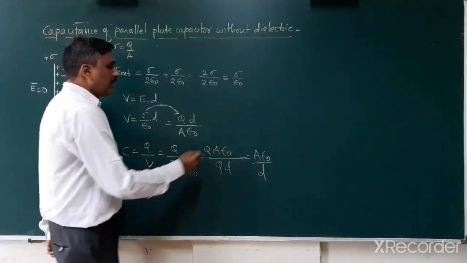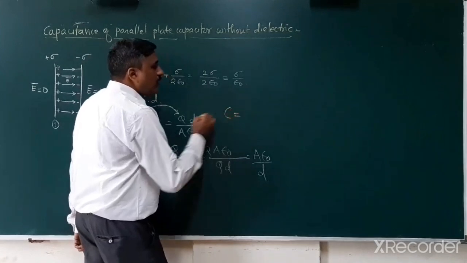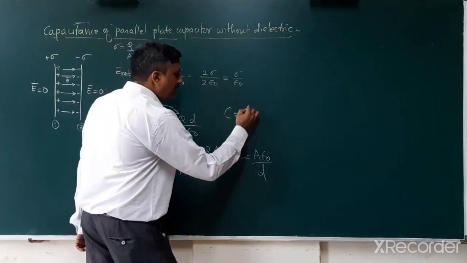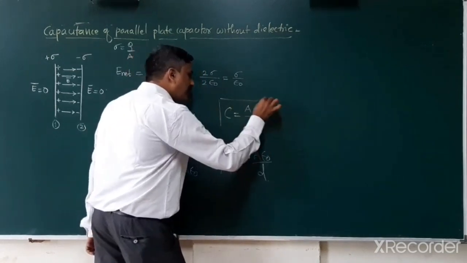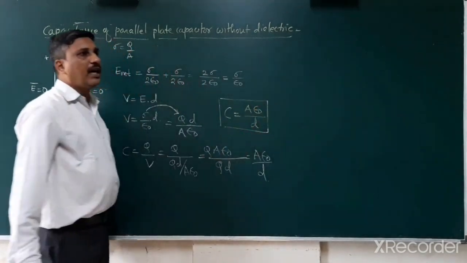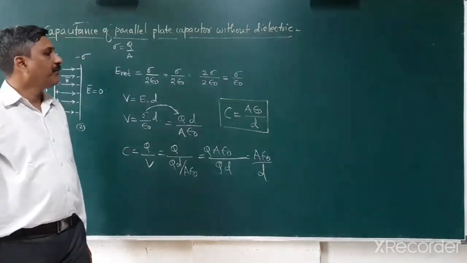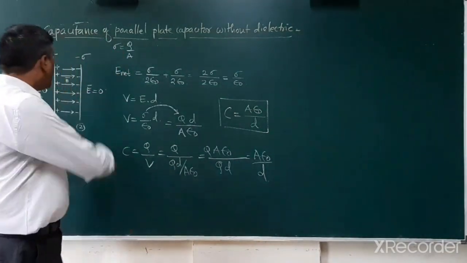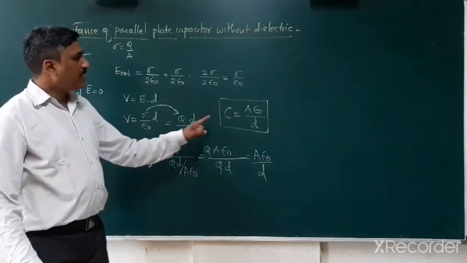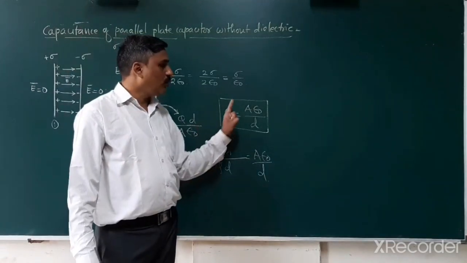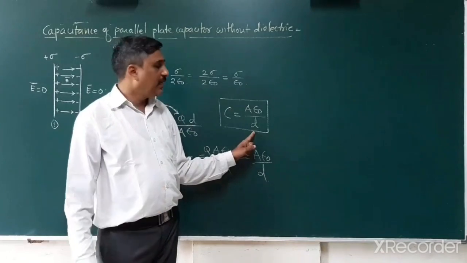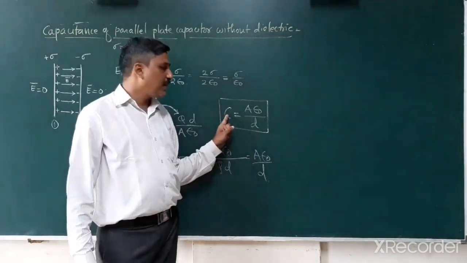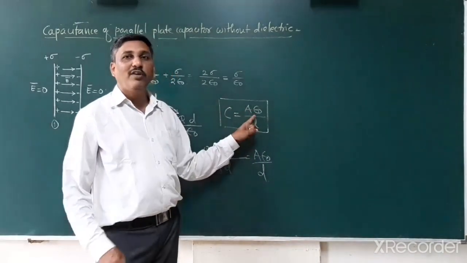So my formula becomes: the capacitance of a parallel plate capacitor without dielectric medium, without any medium, meaning there is only vacuum, is C equals A epsilon 0 upon D. It is clear that capacitance depends on the permittivity of the medium.